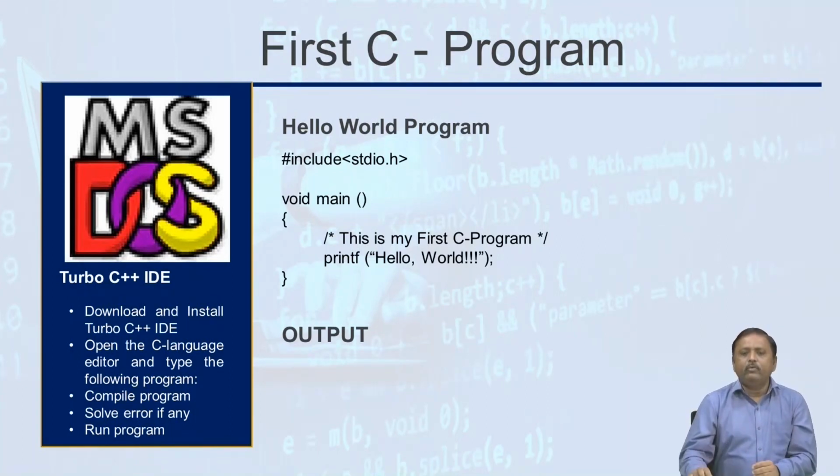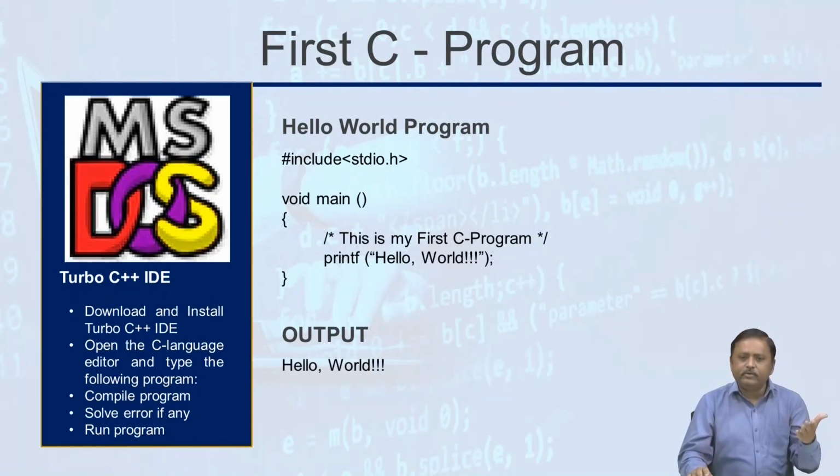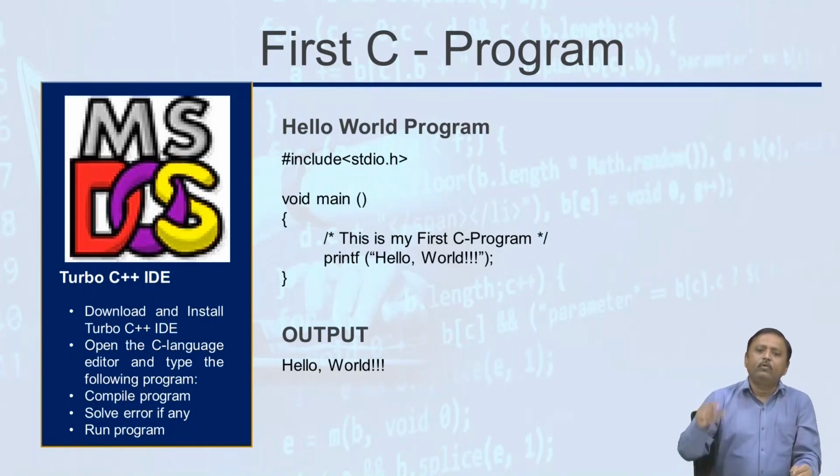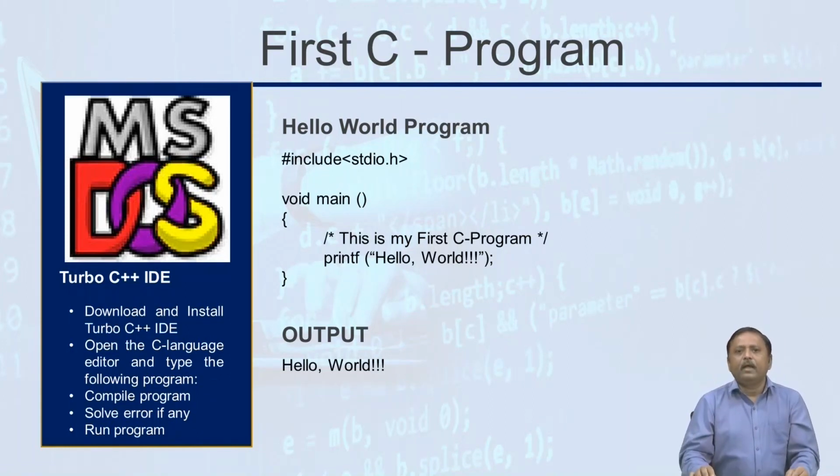When you compile this program, since there is no error, it shows there are no errors, and when you run this program, you will see hello world as shown on screen in the output window.